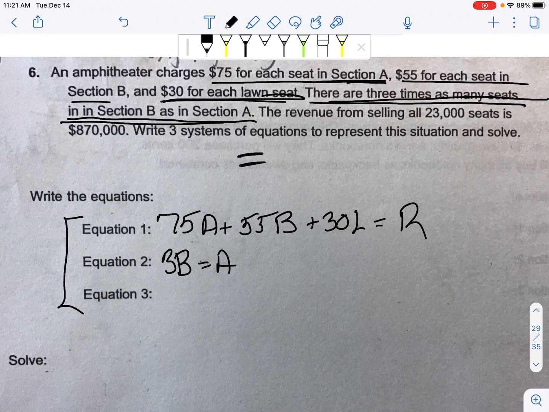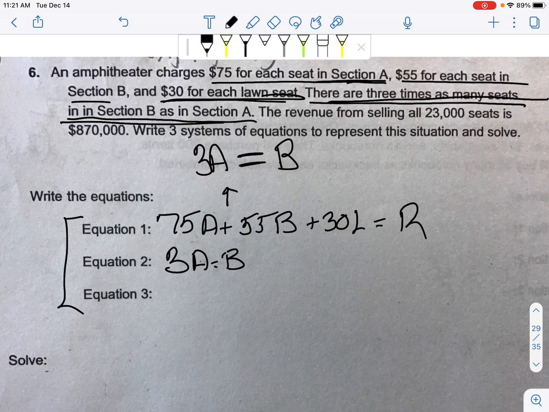So if there are 3 times as many seats in section B, in order to get section A up to the same level of seats as section B, we would need to multiply it by 3. So our second equation would be 3A equals B.